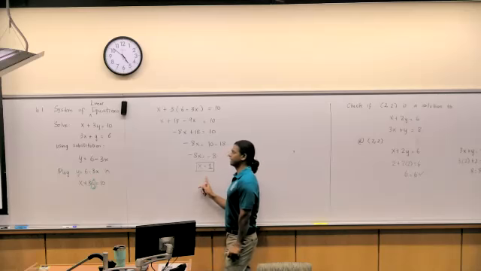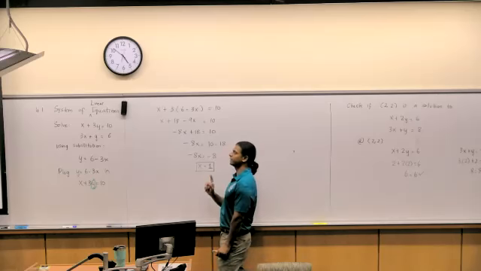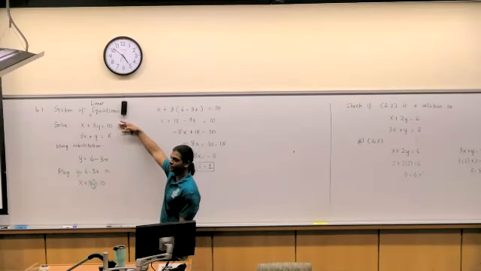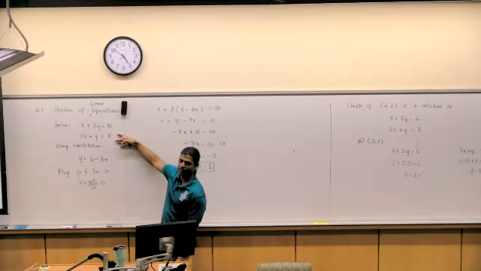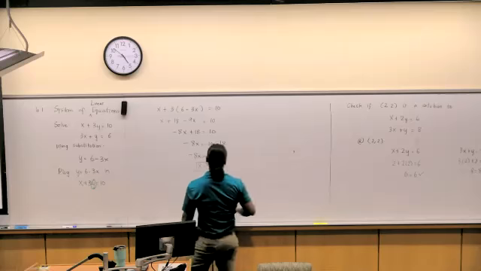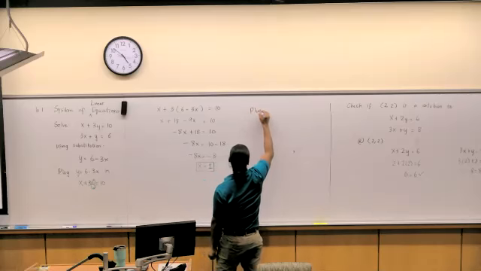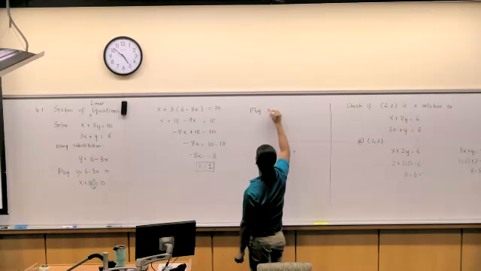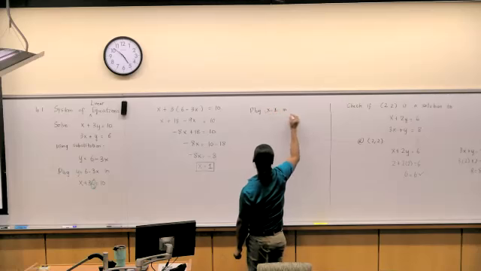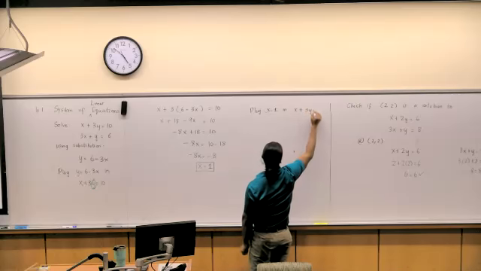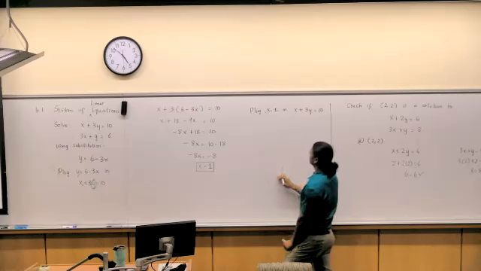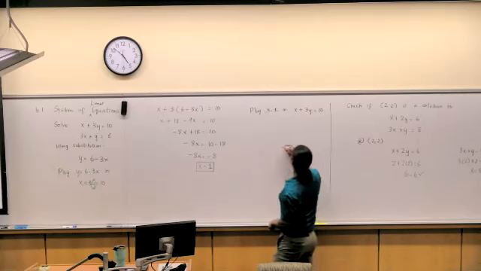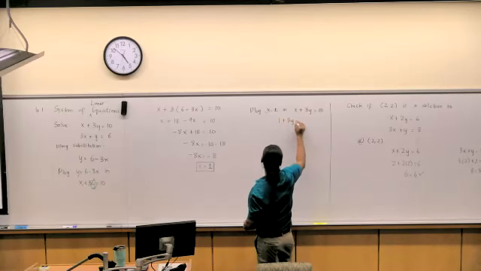Now that you've found the value of x, you can plug it in either the first equation or the second equation. Which one should we pick? First equation. So x is 1. So 1 plus 3y would be equal to 10.